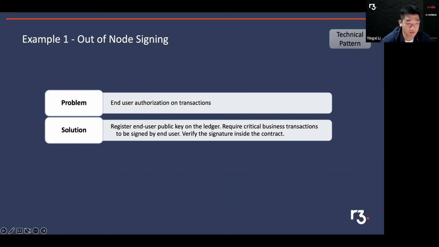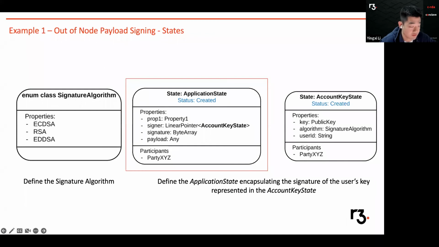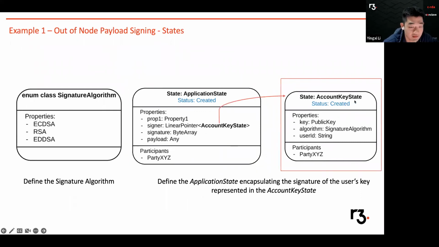So how are we doing it? Looking at the diagram here, imagine you have a state, which is an application state, whatever property you are dealing with on the ledger. It can be a car state, a loan state, a business related state. And you will create another state called account key state.